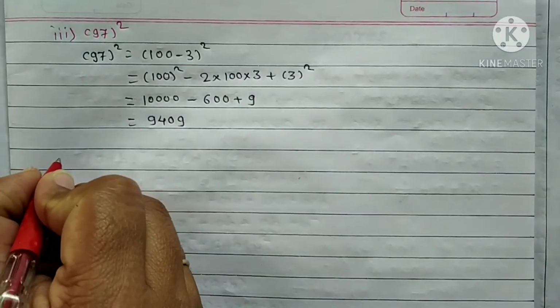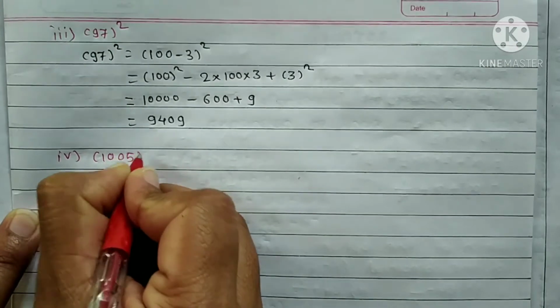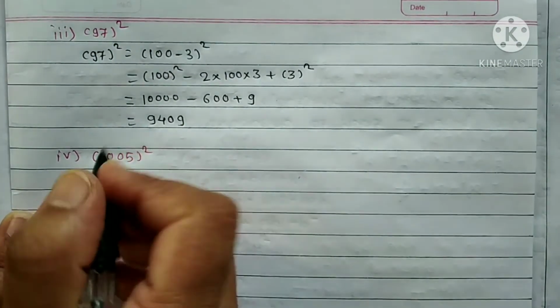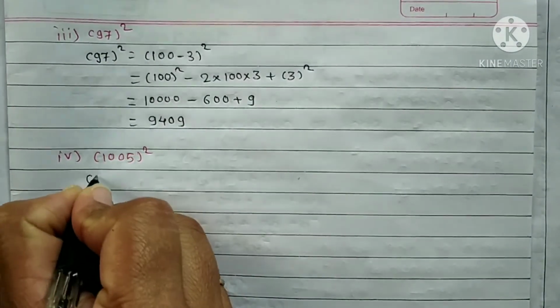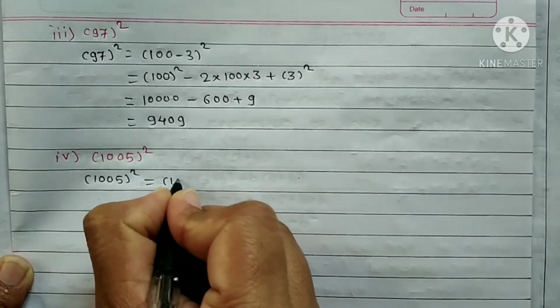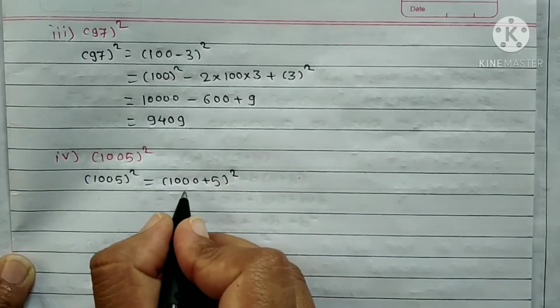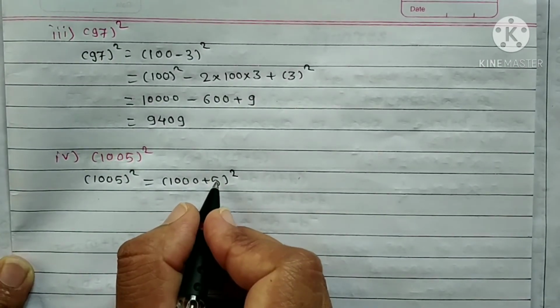Now see last, 1005 whole square. This is closer to 1000, so this is expressed in the form of (1000 plus 5) whole square. This is in the form (a plus b) whole square.